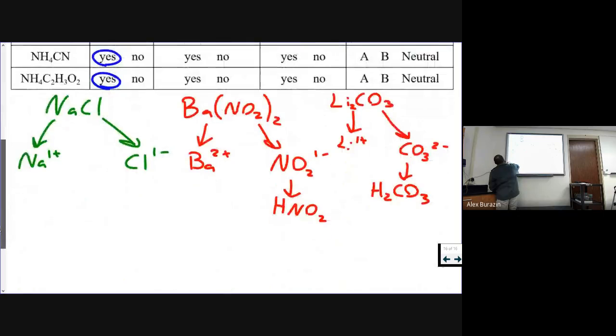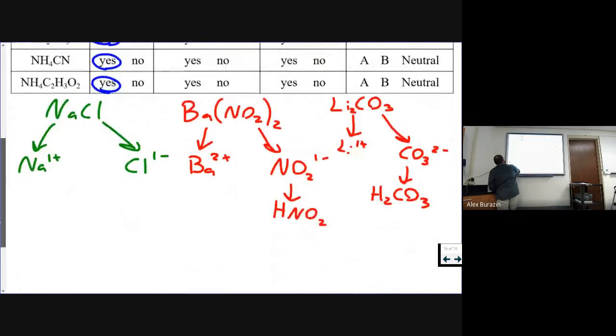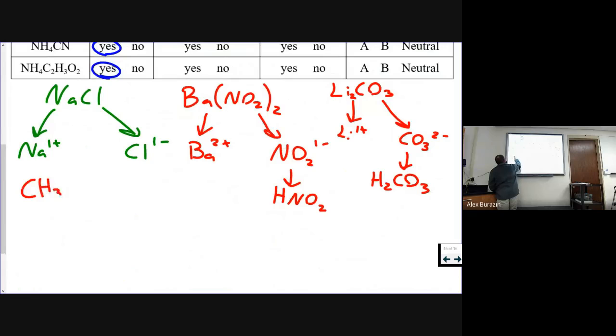Methylamine, okay. This is the salt compound, right? Let's break it into its parts. I have a giant cation, and I have a simple anion, I 1 minus.